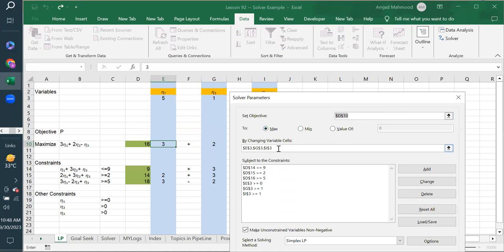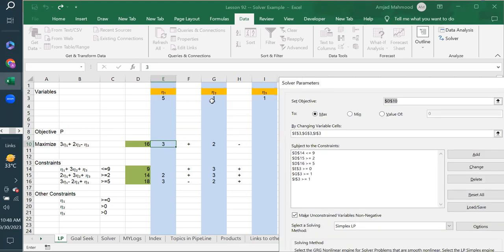And then the changing cells will appear here. It will keep changing these values: N1, N2, and N3. E3 is N1, G3 is N2, and I3 is N3, right? So these variables are set like this.